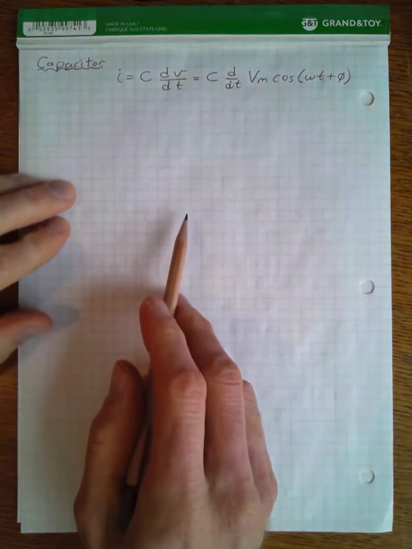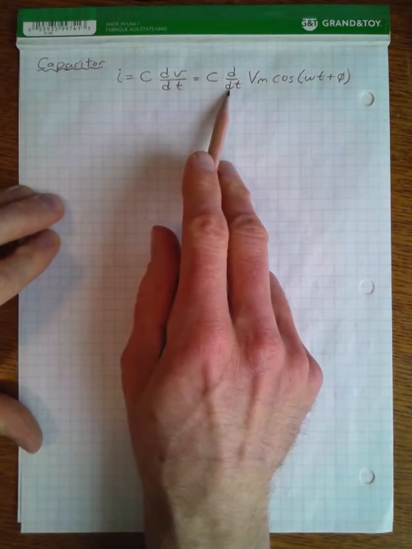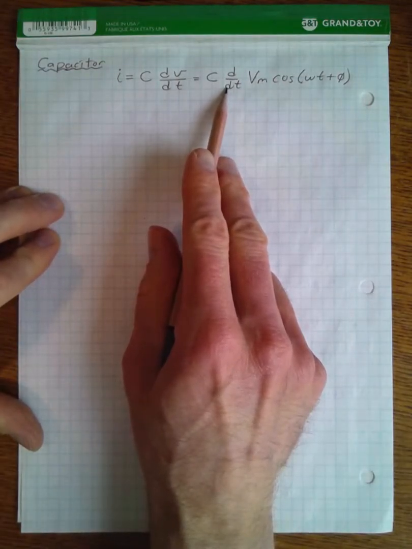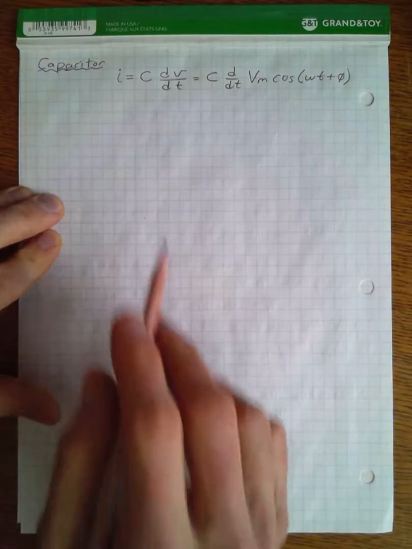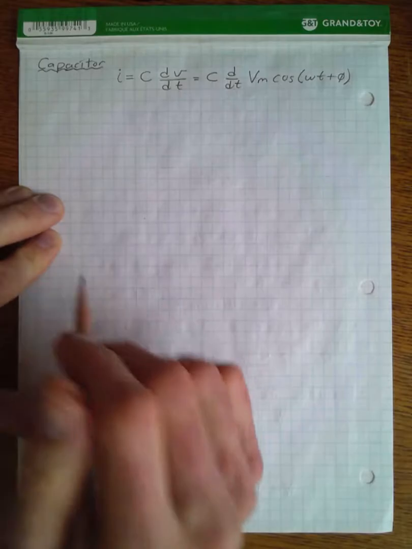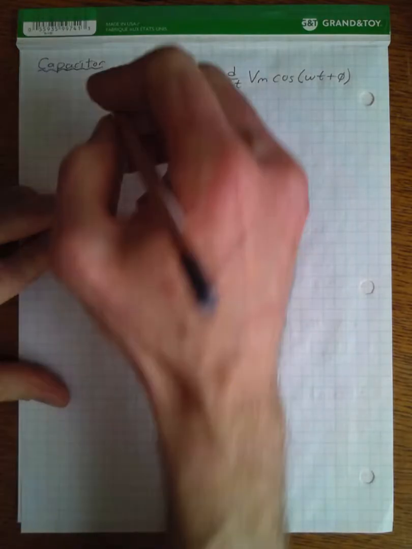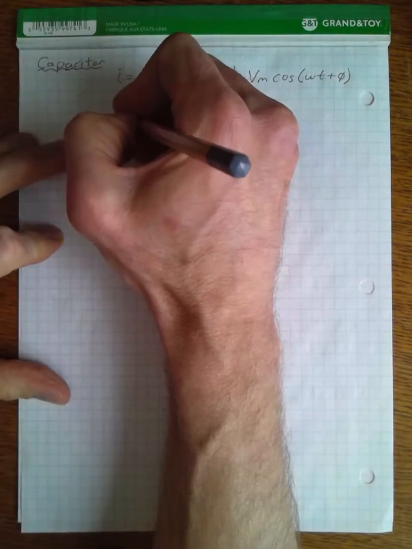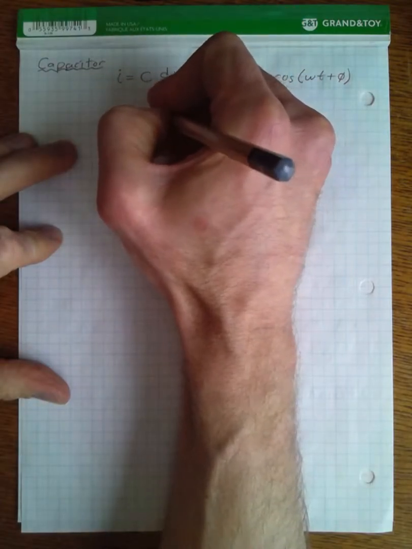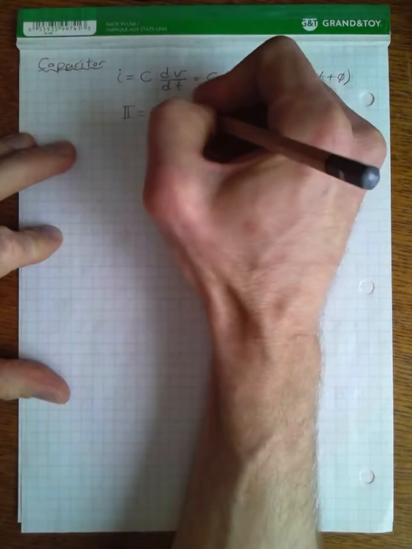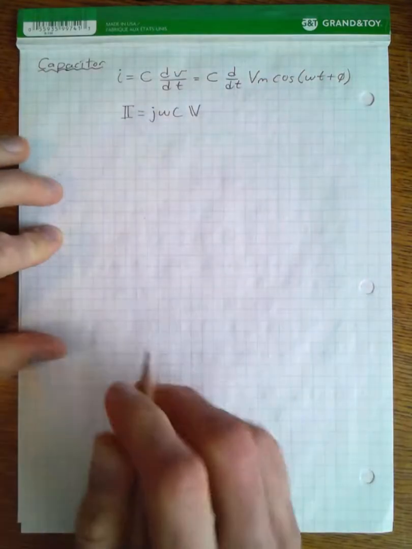This is exactly the same thing that we had with the inductor, except we were taking the derivative of the current. I'm not going to show all these steps again, but using the same steps as for the inductor on the previous page, we can write the phasor of the current as being equal to j omega C times the phasor of the voltage.